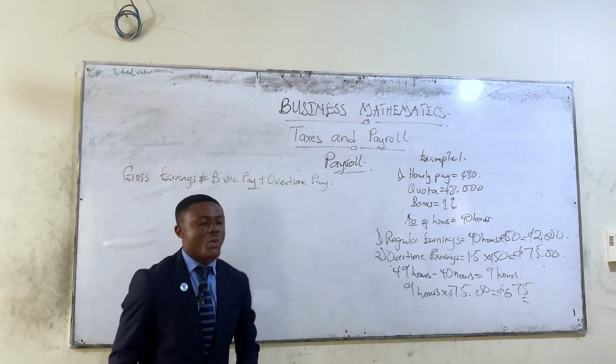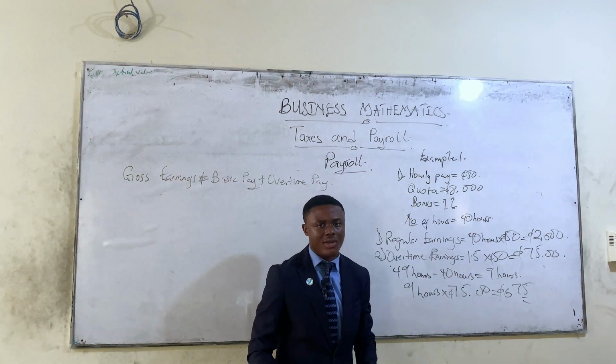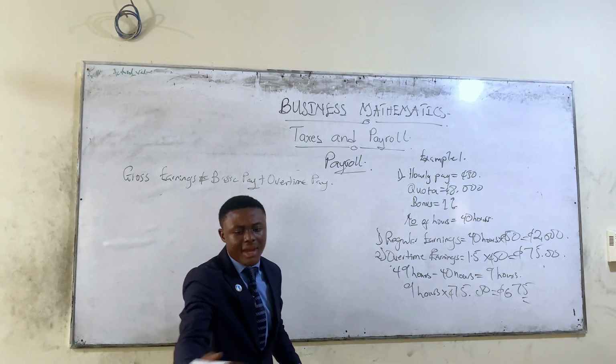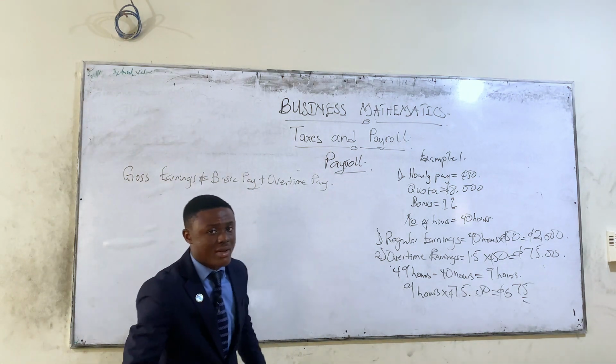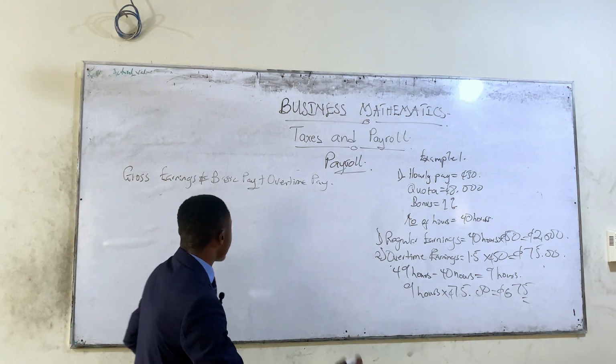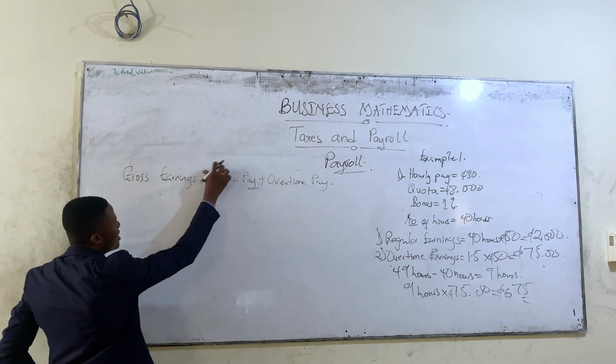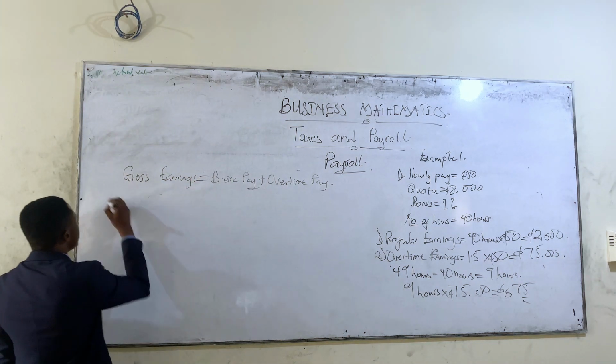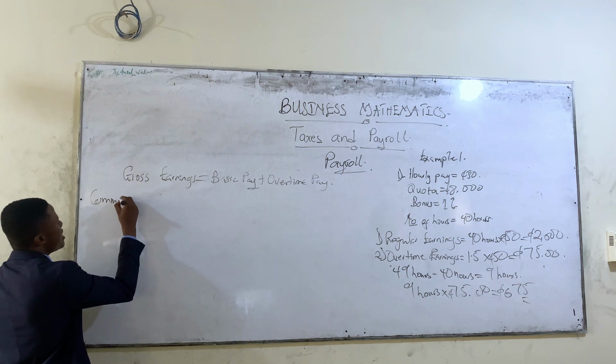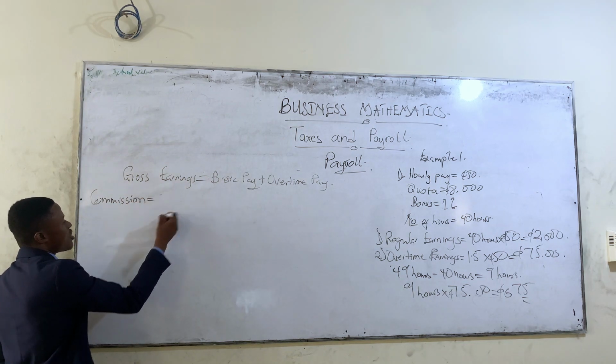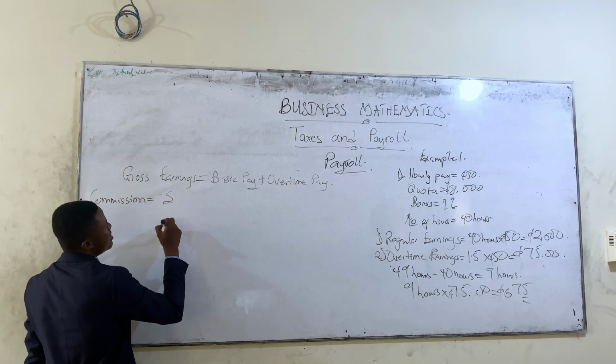So with this, we are having a quota of 8,000. And then the question says he made a sale of 10,000. So if you want to find his commission, it is equal to sales.